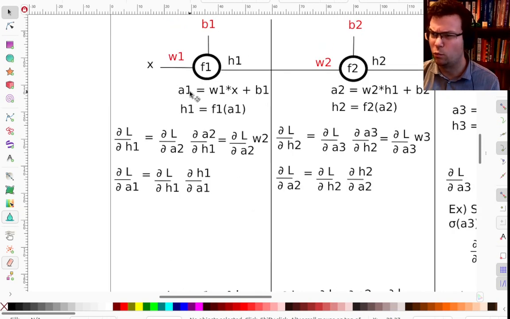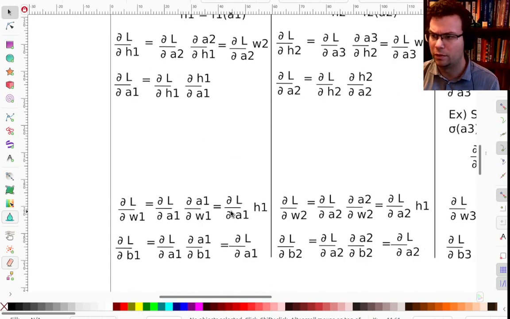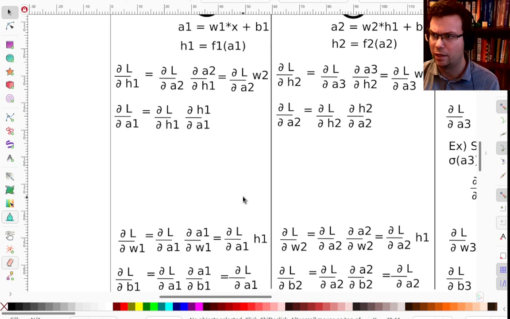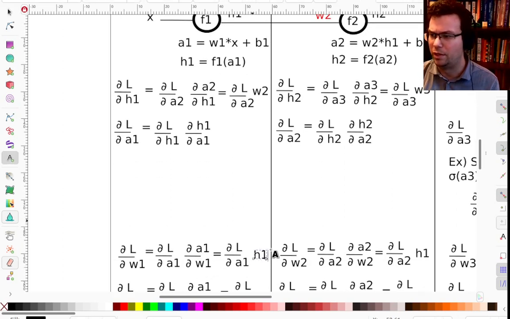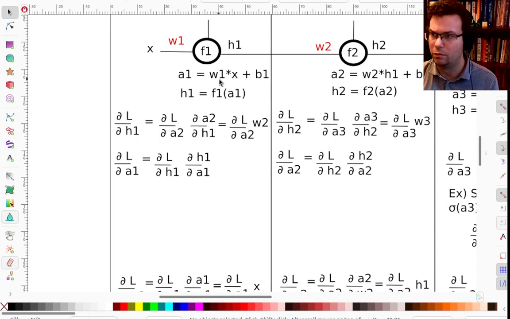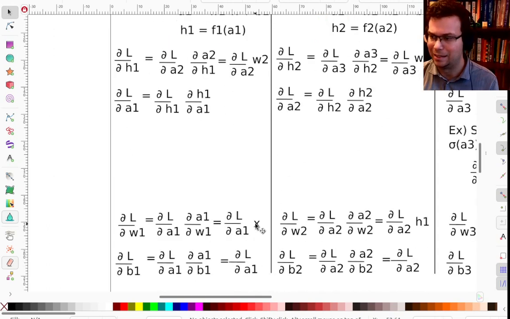Actually, there's one little tweak I have to do when I get to the very beginning. The derivative of A1 with respect to W1 here is actually, this should have been, instead of H1, X. So the derivative of A1 with respect to W1 is X. That's kind of a special case.